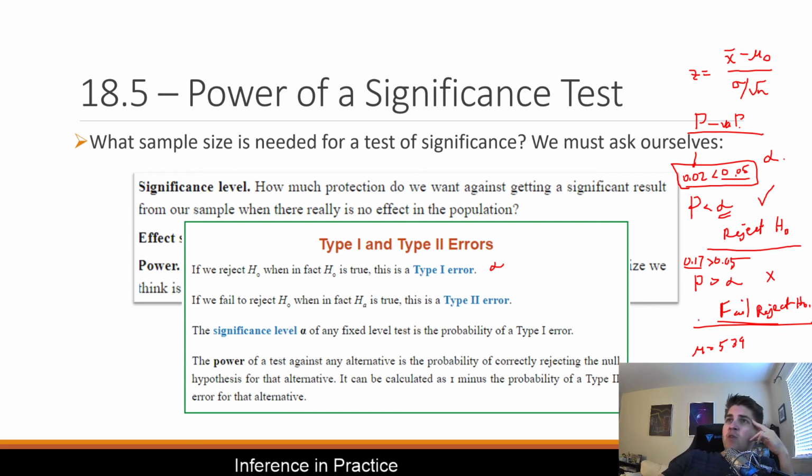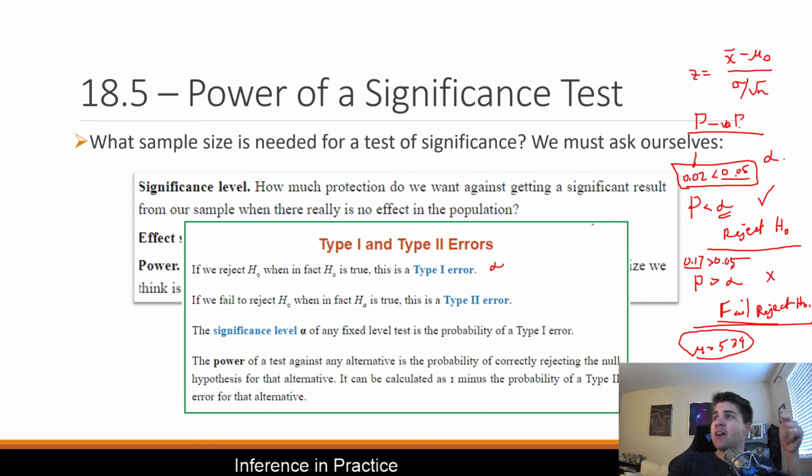But in the case where we failed to reject H0, let's say that in actuality the mean of her students was 532. That is obviously different. And again, there's sampling error. The problem is there's random chance always involved, so when we form a conclusion, we are not always right.